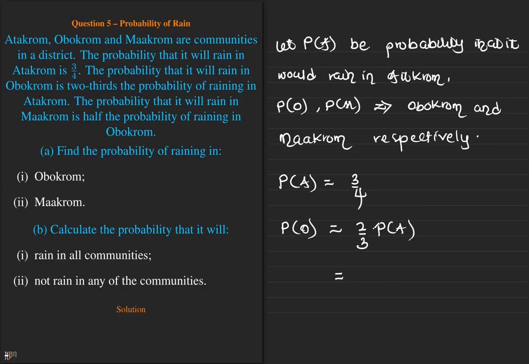Hence, we are just going to multiply. That is 2 over 3 times 3 over 4. We know what we do when we are multiplying fractions.